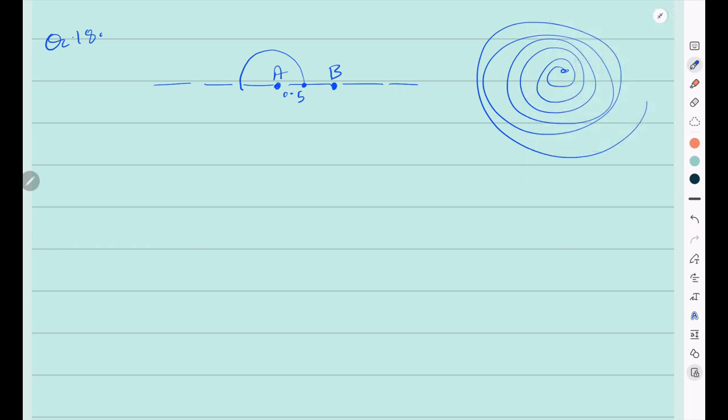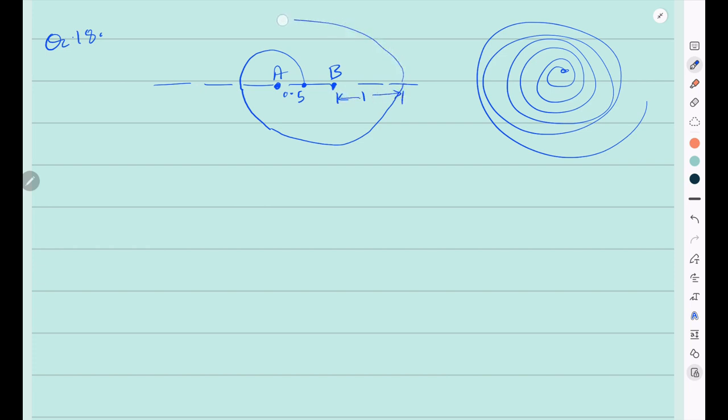And then we draw another semicircle, with center B. That semicircle has radius 1 centimeter.